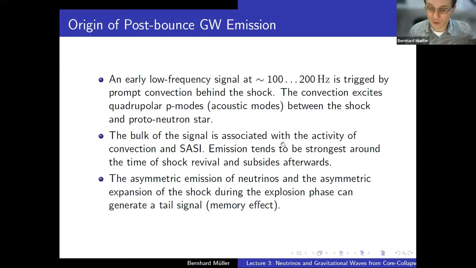And if we explode, we get a tail signal from the asymmetric expansion of the shock. And we often get a growing offset in the strain from the memory effect of gravitational wave emission due to anisotropic neutrino emission.